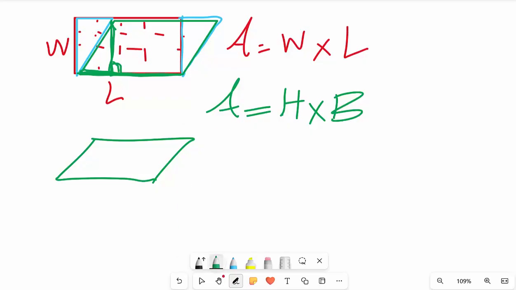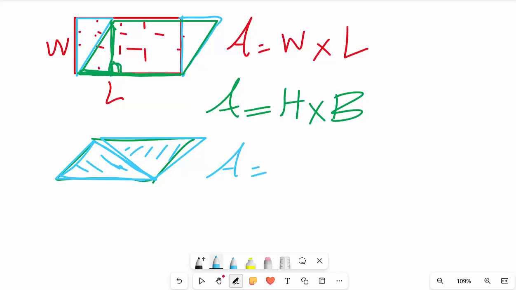Now if we divide this parallelogram along its diagonal, we obtain two triangles, each having half the area of the parallelogram.